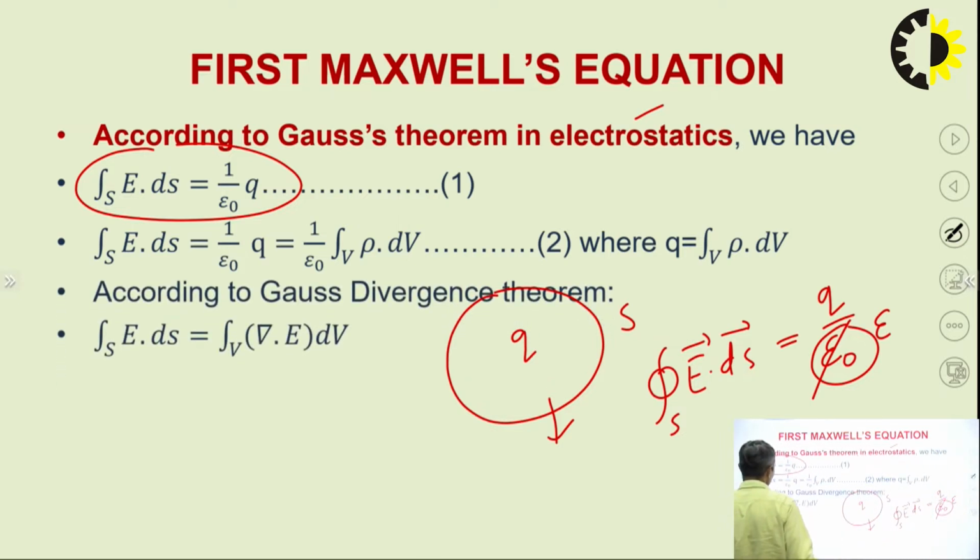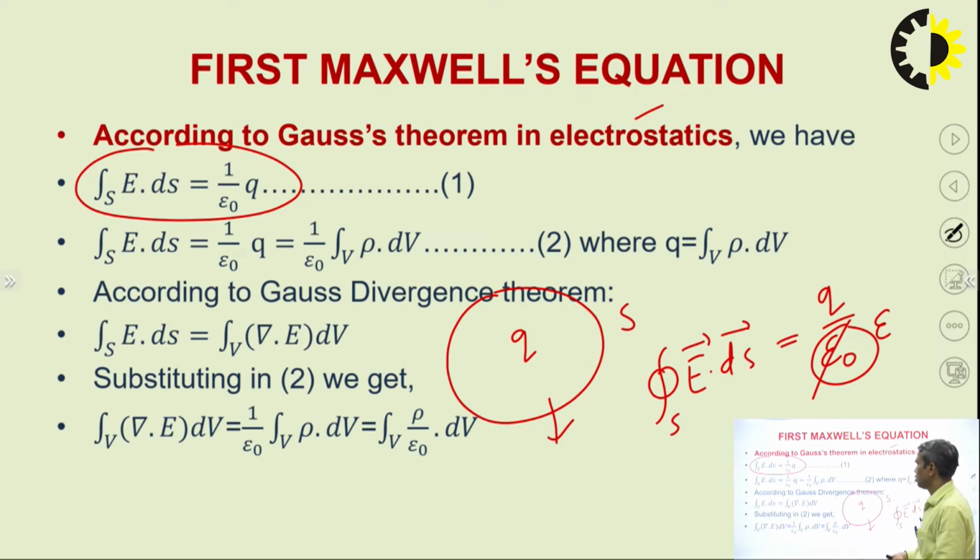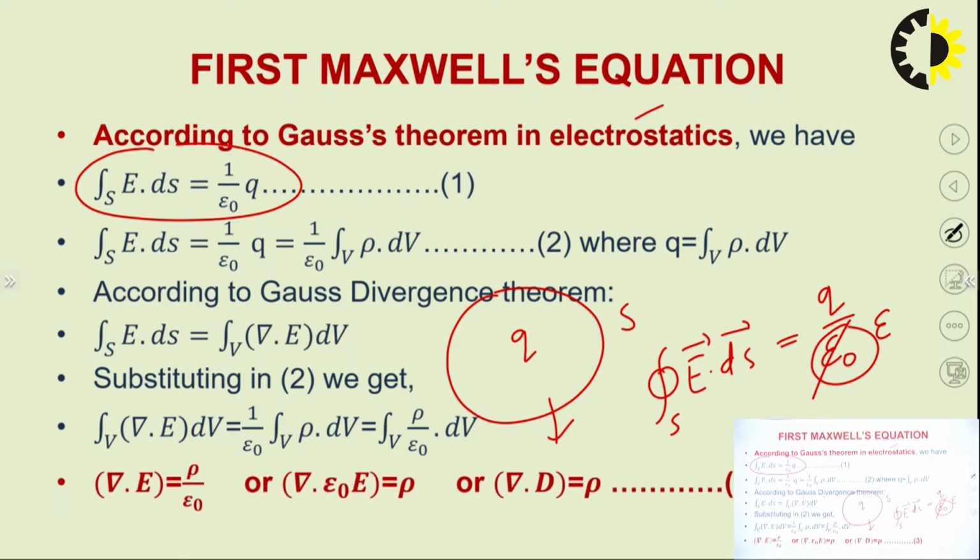So simply, if we change this Gauss law of electrostatics, we get an equation which is known as ∇·E is equal to rho upon epsilon naught. So ∇·E is nothing but the divergence of the electric field, rho is volume charge density, and epsilon 0 is the permittivity of the surrounding medium. In this case, we have taken free space.